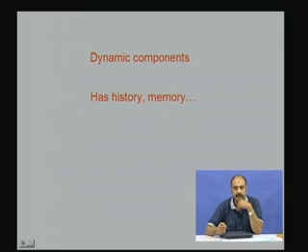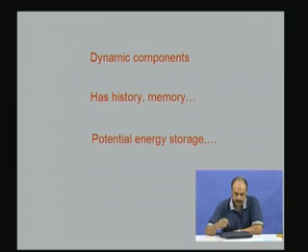It is not algebraic, its present is based on previous values, and therefore, they have memory. Now, the fundamental functional difference between the capacitor and the resistor is that this can store energy, whereas the resistor dissipates the energy, gives up the energy. So, this stores energy in the potential form.